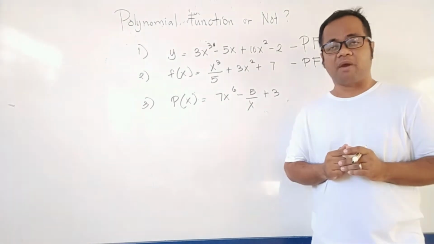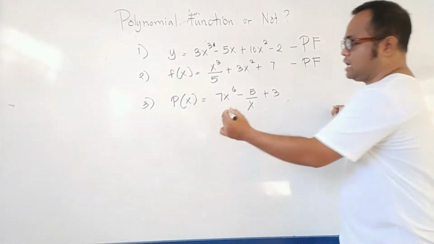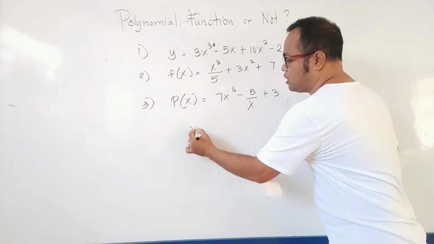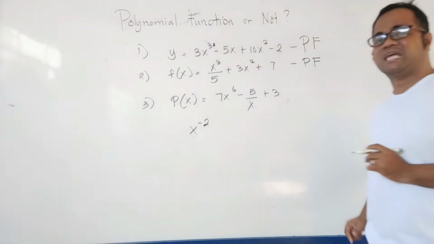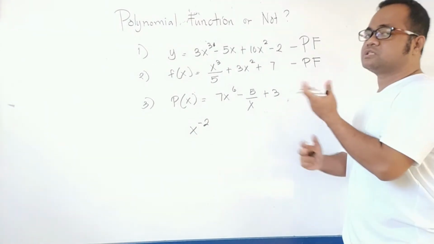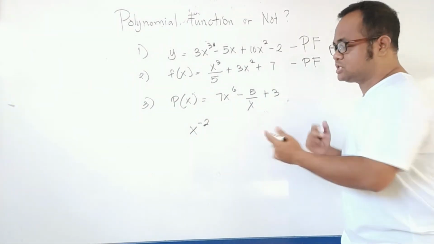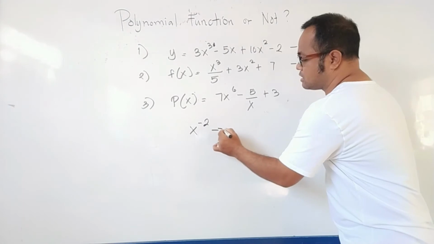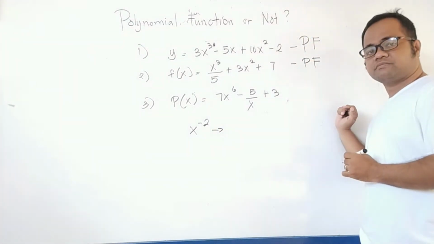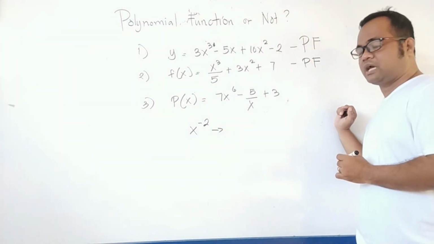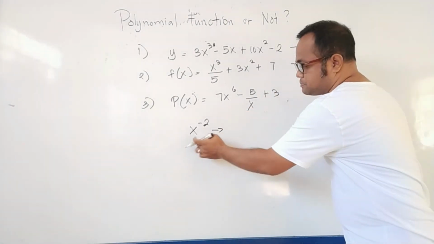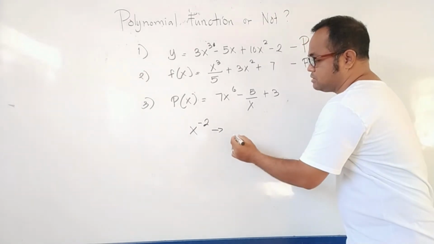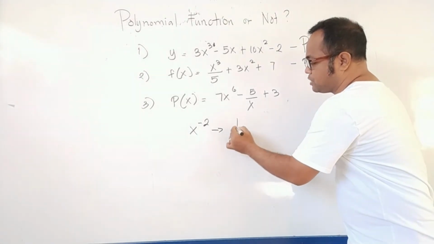Okay? Remember that if the exponent of your variable is negative, you can also write that, you just simply get the reciprocal of this expression to make it positive.